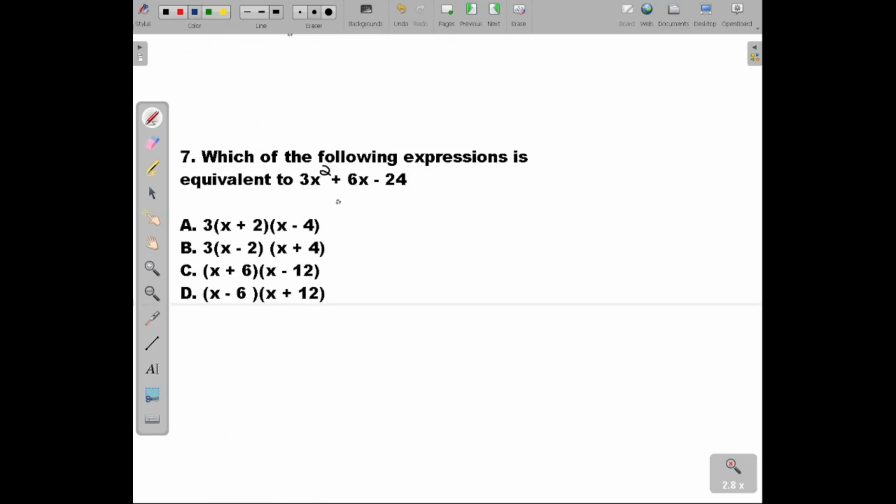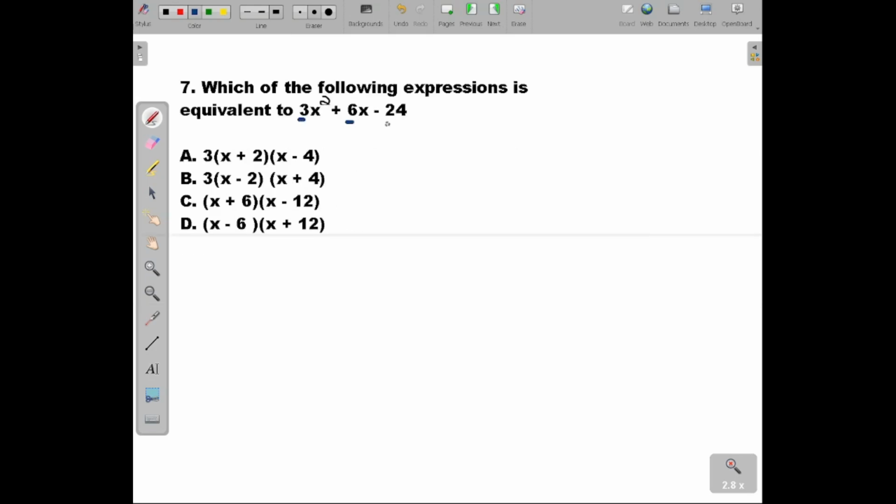Number 7. Which of the following expressions is equivalent to 3x squared plus 6x minus 24? We can see that we have to do some factoring. We can factor out 3 because 3, 6, and 24 are multiples of 3.